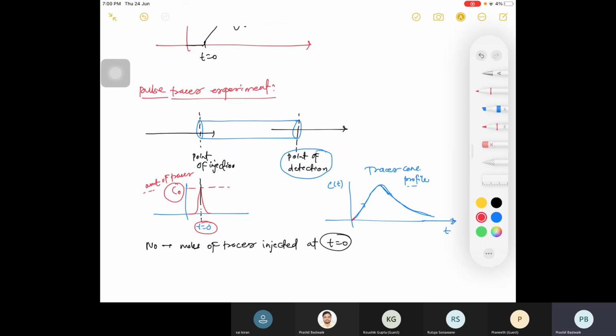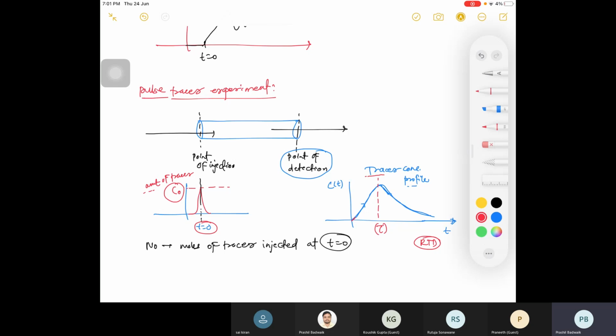Will it always be greater than your residence time, or it may be less? It may be less or greater than your t mean or tau, because there might be bypassing, short circuiting, or channeling. So accordingly you will be having different residence times. This is just your concentration profile, or you can say residence time distribution. At time t equals t, you have the maximum concentration, that is your t mean.